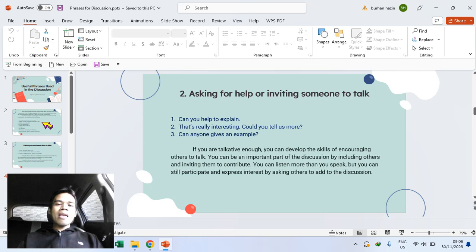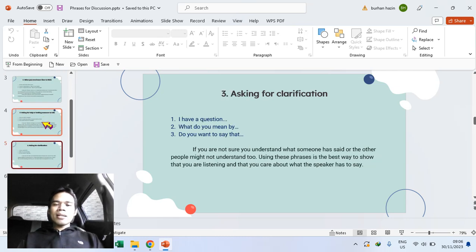Next one, when you ask for clarification, what phrases can you use? You can say, "I have a question about..." and so on. "What do you mean by..." and then you explain what you need to clarify, what you want to have information about.